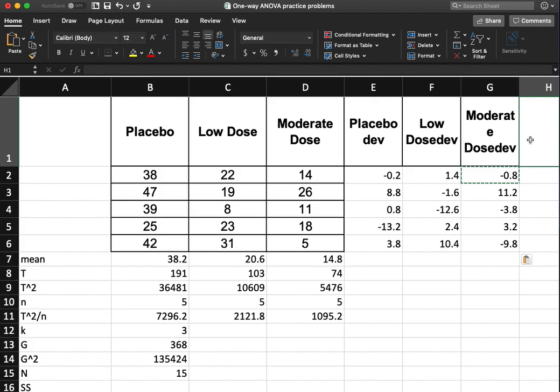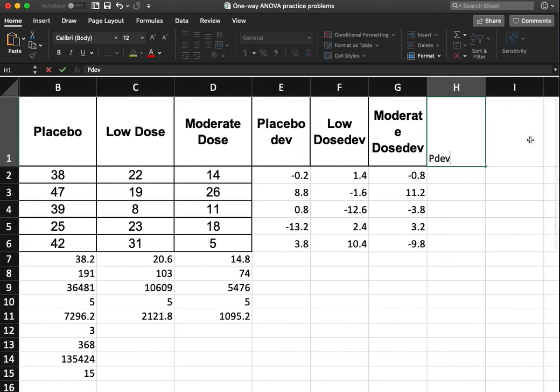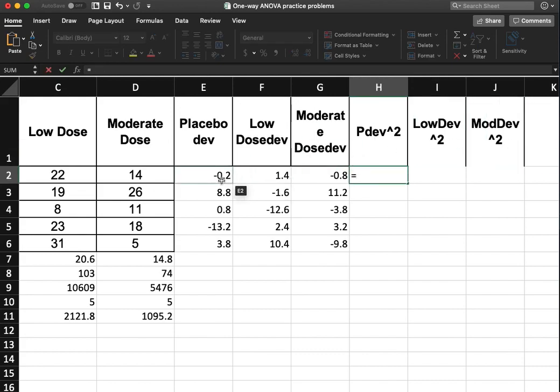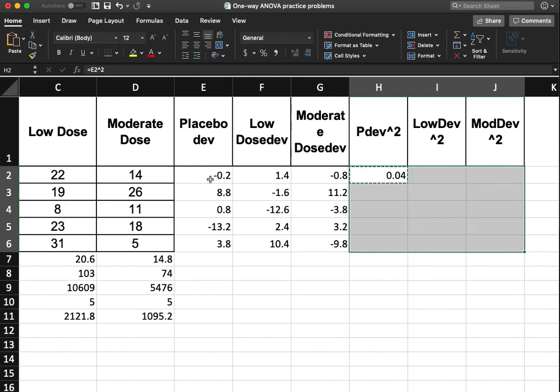Let's square those. Just by saying, hey, square, not that number, square this number, the placebo deviation. We can paste it all the way down here, but because we're squaring, right, same operation on all these numbers, we just paste it all the way for all of them.